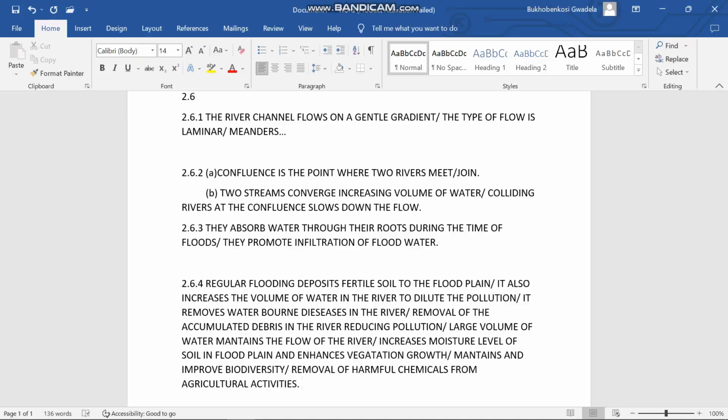So flooding will also remove those harmful chemicals from agricultural activities, because when it rains, those chemicals are washed away to the river. So I think that's the end of our revision of 2.6.